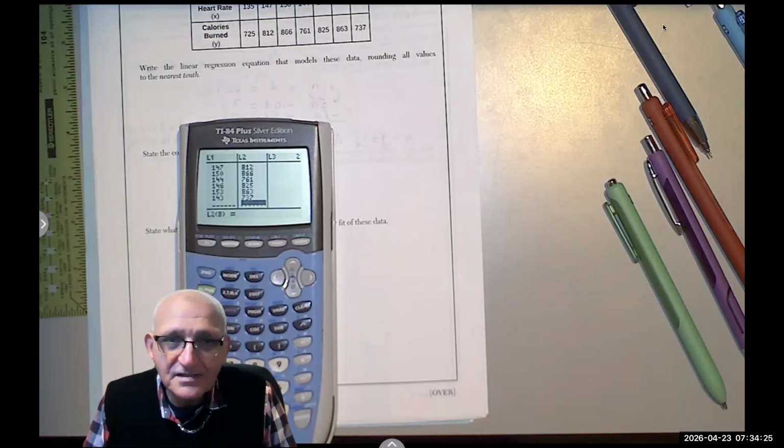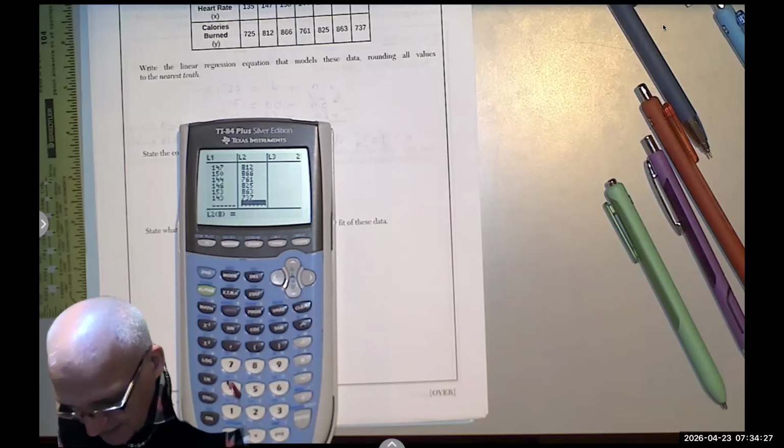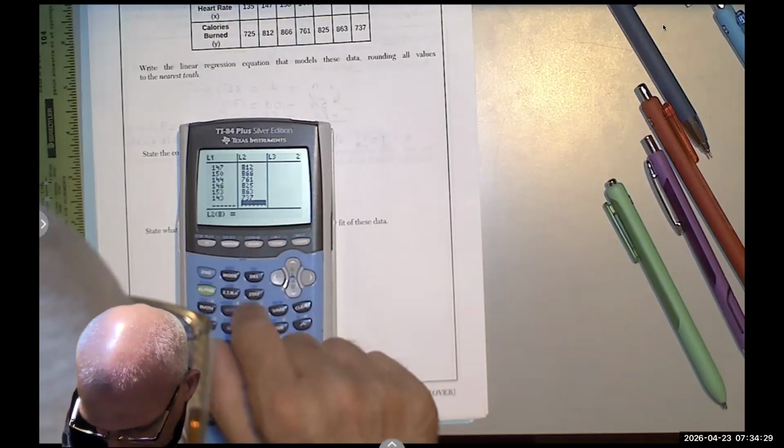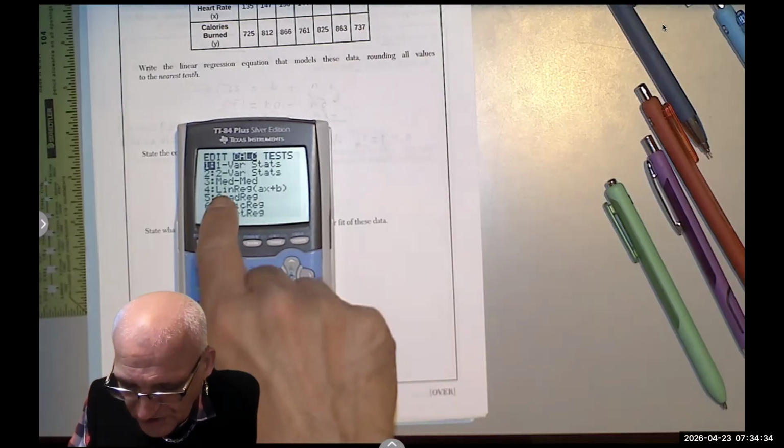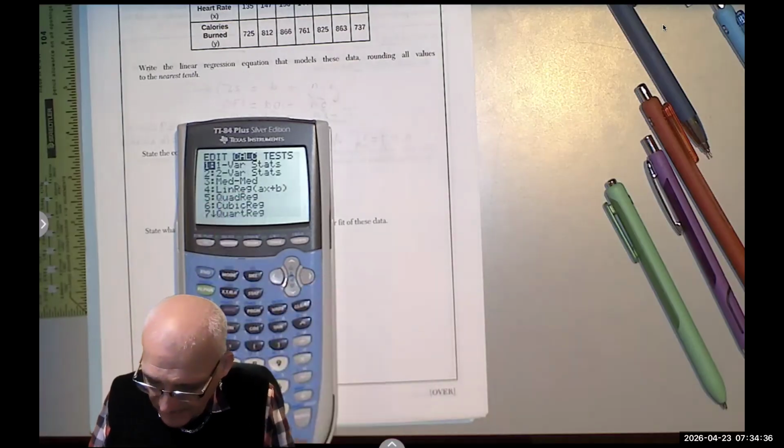Alrighty. So now you go back to stat and select calc, and you go to number 4, which is the linear regression ax plus b.